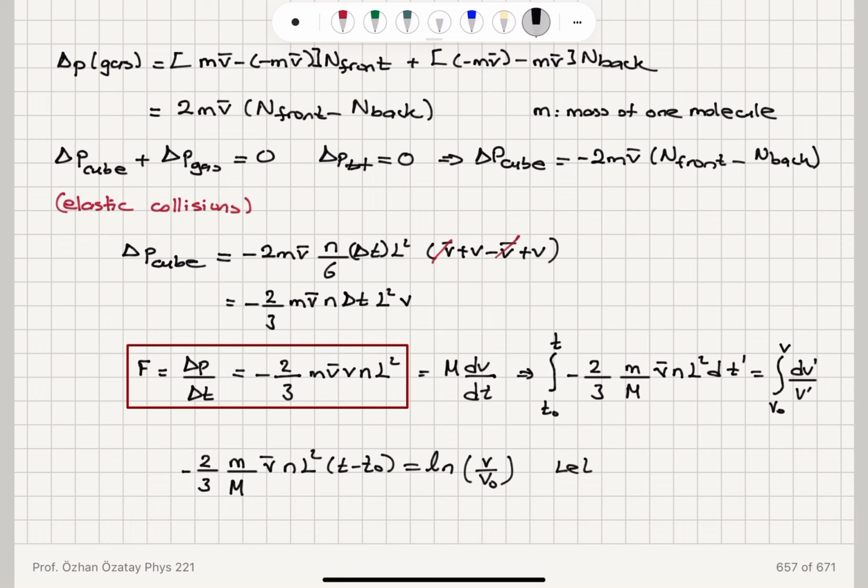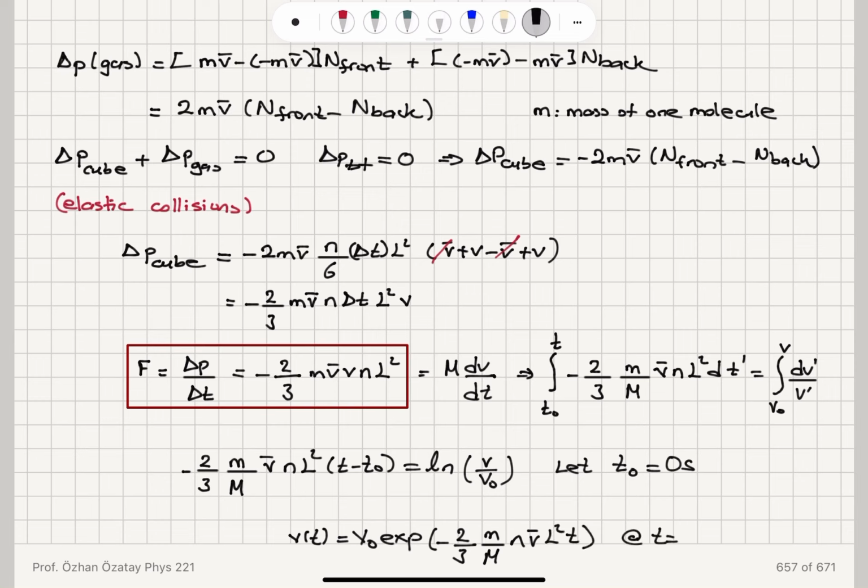So let's have t0 equal to 0 seconds. So that's when we start the time. Then we can see that v of t will be v0 exponential of minus 2/3 m divided by capital M, and v bar n L square times t.